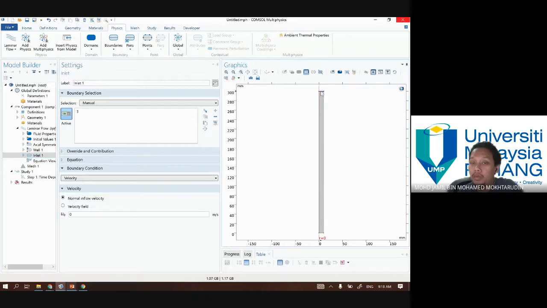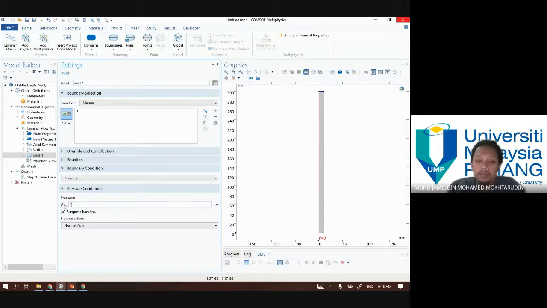So this is the boundary of inlet, because the bottom one just now is the outlet. Then change the boundary condition to pressure, because we want to apply pressure at the inlet. In the pressure, you just write the pressure that you have defined just now, P inlet. And then uncheck this suppress backflow.